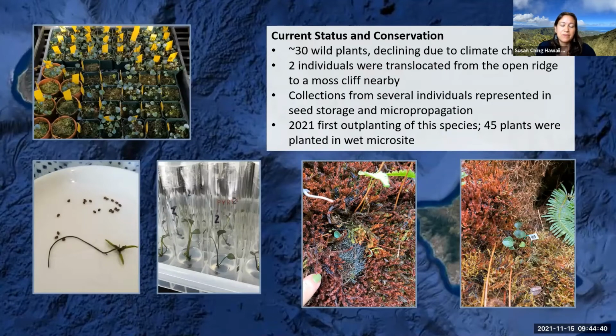From the collections, we've put a few individuals into micropropagation, and then from there, the lab was able to create many, many individuals. Of course, they're clones, but this is really good for us because it allows us to experiment with the outplanting. So this year we were able to plant 45 individuals, which is much greater than all of the wild individuals combined.